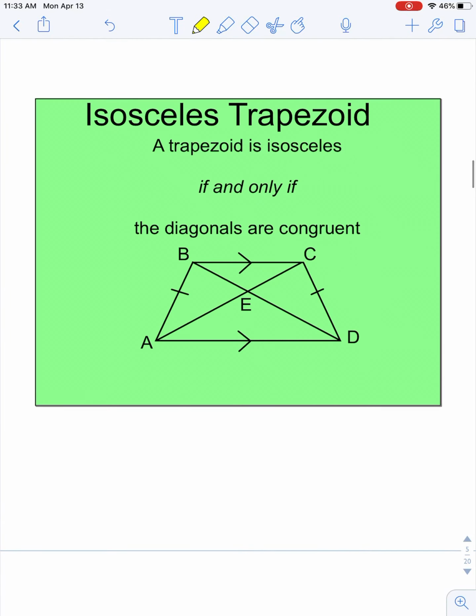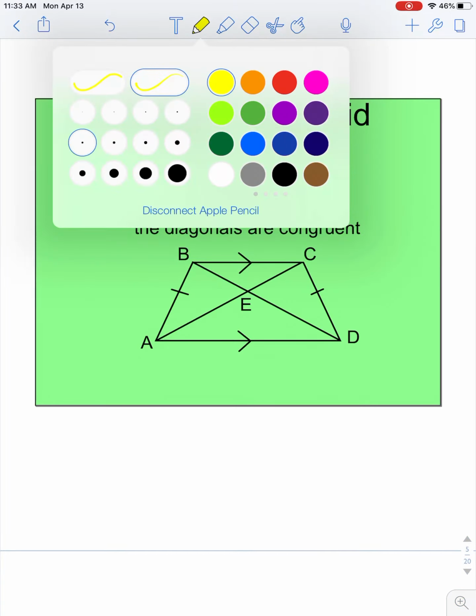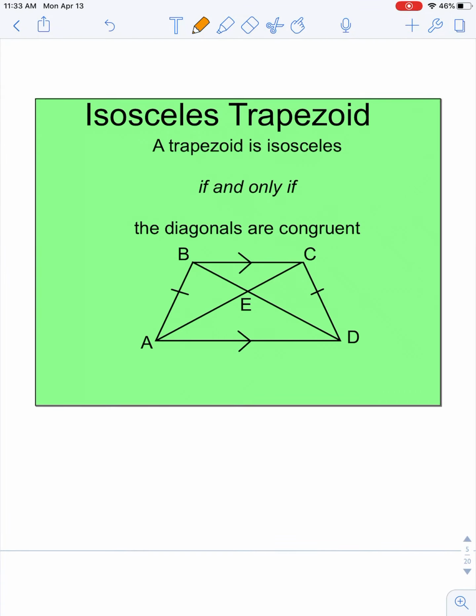And one other thing about isosceles trapezoids here is that a trapezoid is isosceles if and only if the diagonals are congruent. So here is a diagonal and here is a diagonal. Okay, so it will always be true if your trapezoid is isosceles that diagonal AC will be congruent to BD.